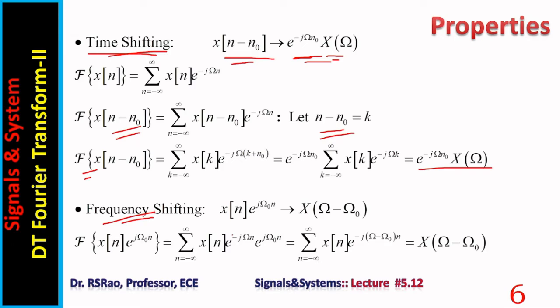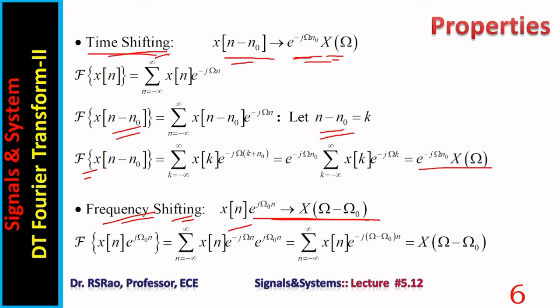DTFT of x of n e power j omega naught n is equal to x of omega minus omega naught. Notice in time shifting property, shift is in time domain. In frequency shifting property, shift is in frequency domain.